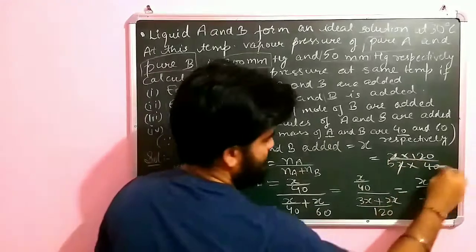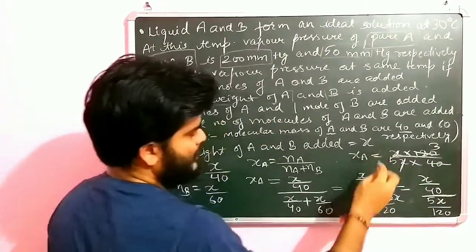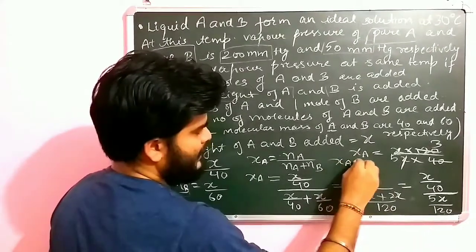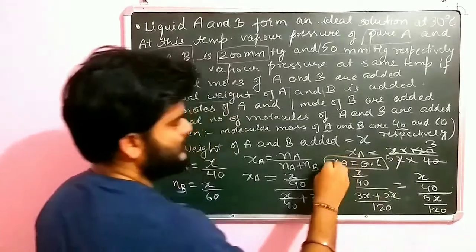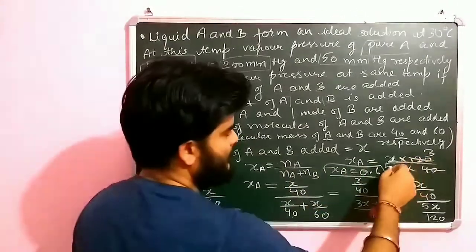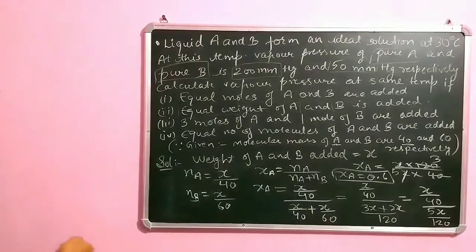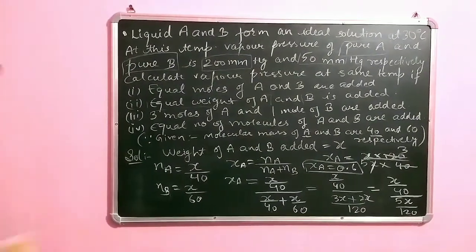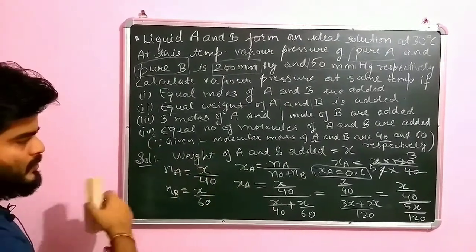X cancel, 40 into 3, 3 by 5. It means XA comes out to be 0.6. When you divide 3 by 5, this will come out to be 0.6. You can pause the video and take screenshot, because I will have to rub this down in order to solve further.